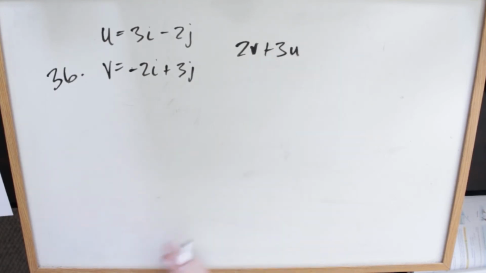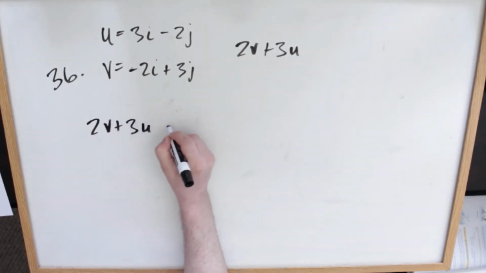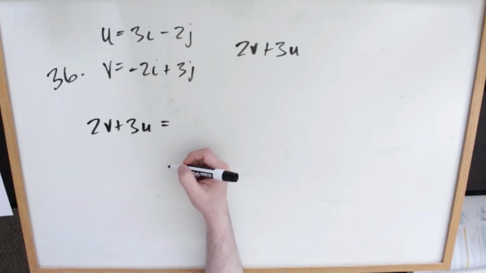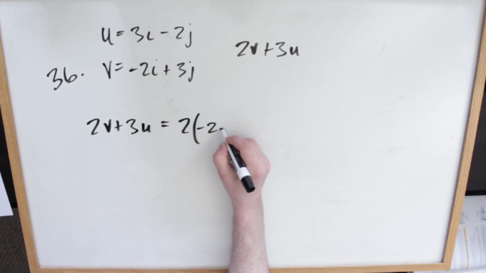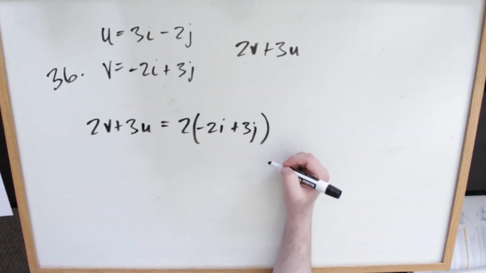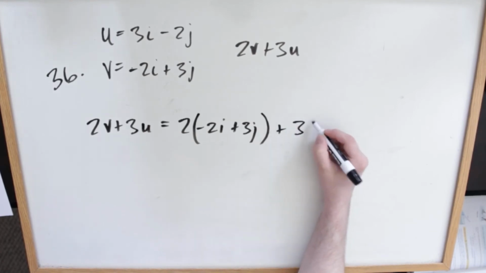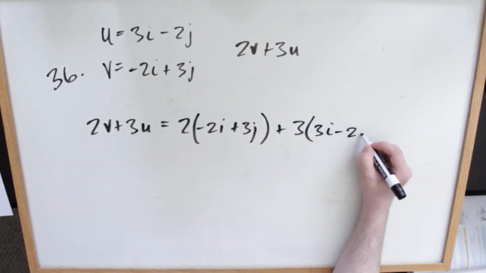And we also need to find the magnitude of that. So let's start with that. 2v plus 3u is equal to, so 2 times minus 2i plus 3j plus 3 times 3i minus 2j.